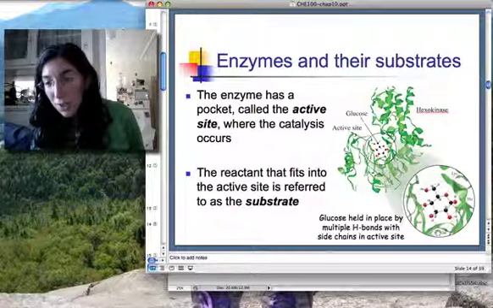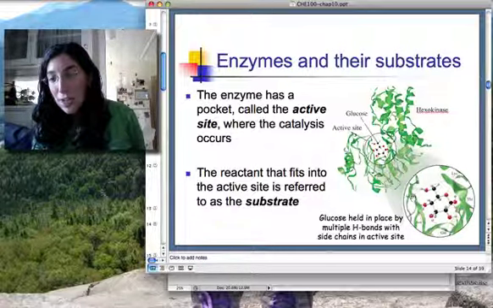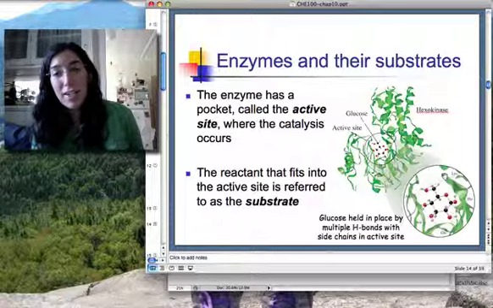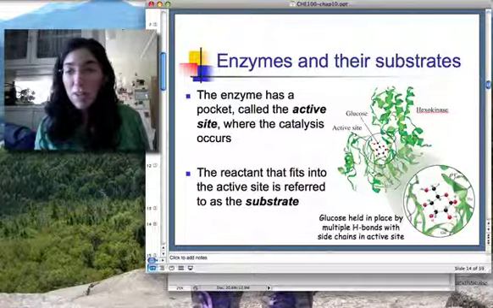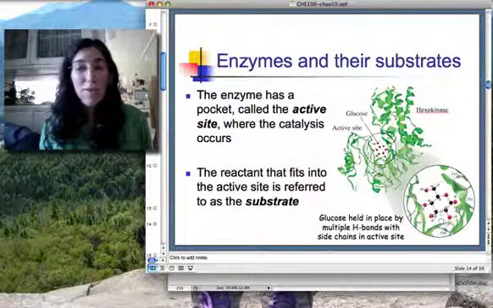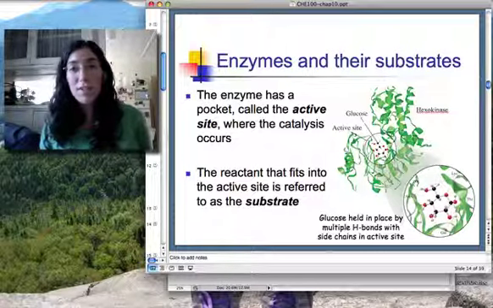In fact, if you zoom in, you can see that all of the amino acids in this active site have polar side chains that can engage in hydrogen bonding with all of the oxygens and hydrogens in the glucose molecule itself.